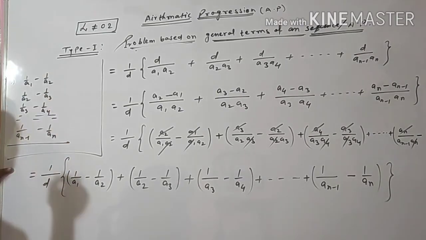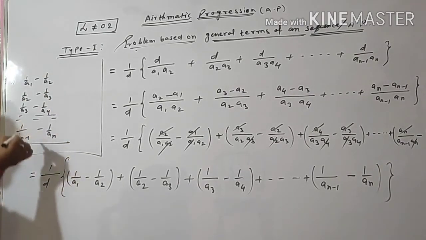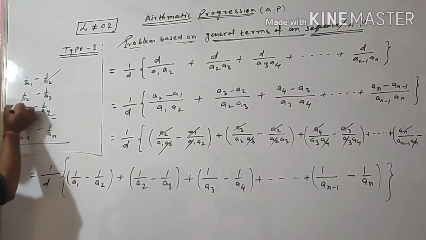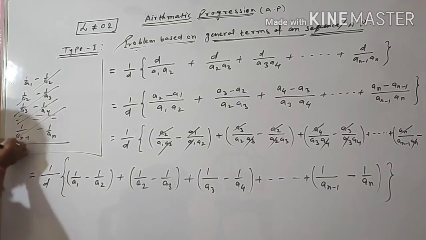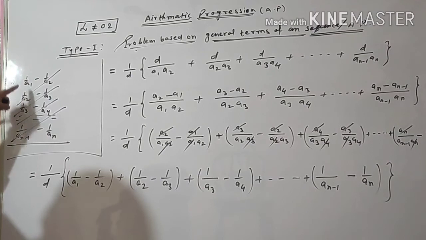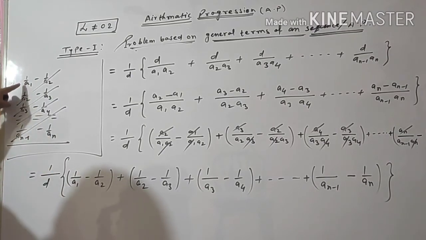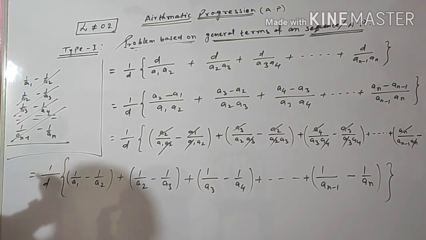If we add all of these terms, we get only two terms, 1 by A1 minus 1 by An.